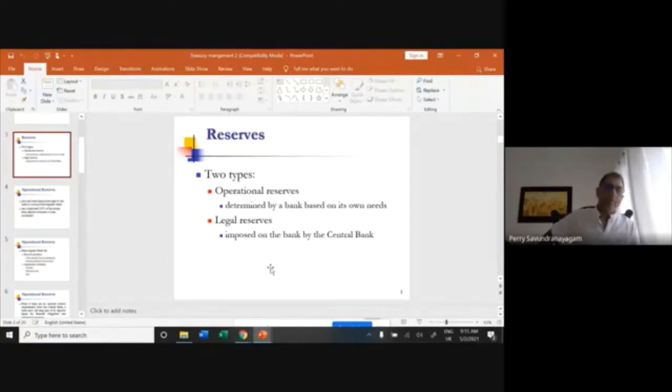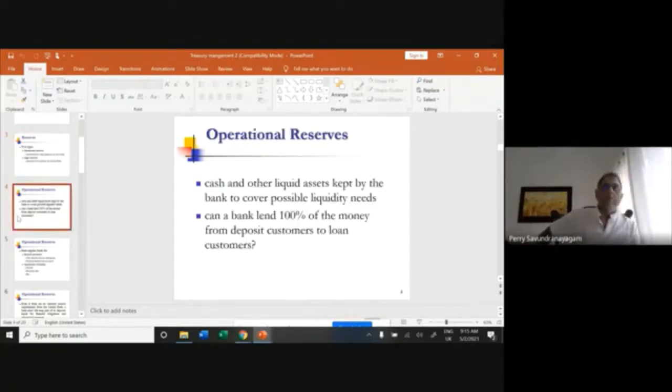So going back to operational reserves, let's start there. What are operational reserves? It's not only the reserves that are kept because of the legal requirements of the market that you're in. Basically, it is reserves that the bank itself might decide it wants to maintain.